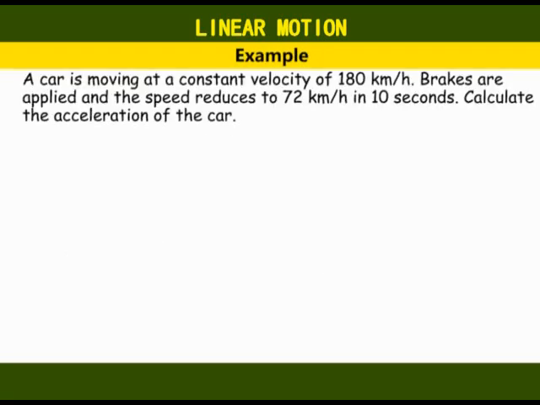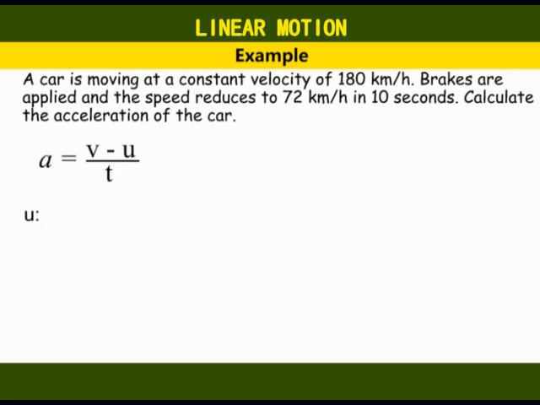For example, a car is moving at a constant velocity of 180 kilometers per hour. Brakes are applied and the speed reduces to 72 kilometers per hour in 10 seconds. Calculate the acceleration of the car. So acceleration is equal to v minus u over t. We first convert the velocities into meters per second.